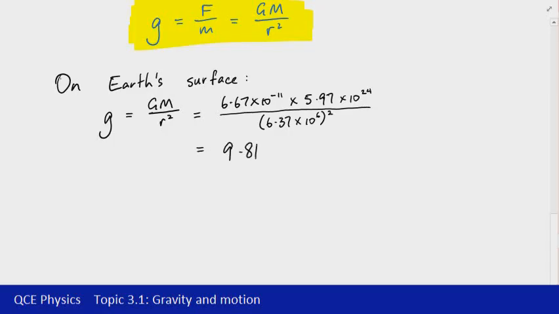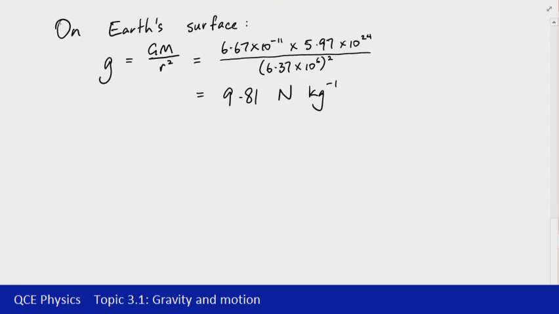And if you think about the units here, force divided by mass, that's newtons divided by kilos. So the gravitational field strength is newtons per kilo. Now, just to have a look at this in a slightly different way, we again keep coming back to Newton's second law. We have F equals ma.